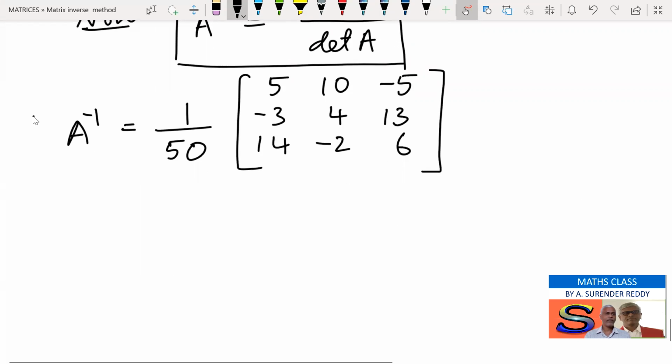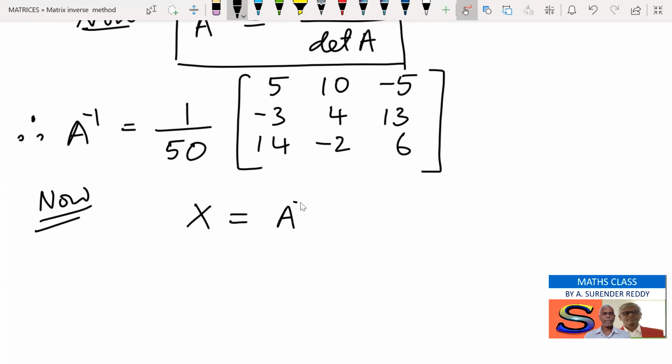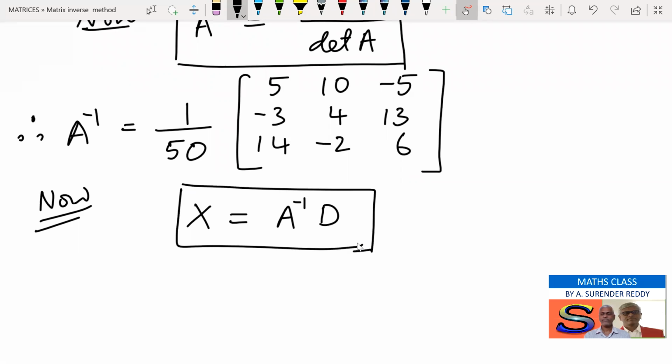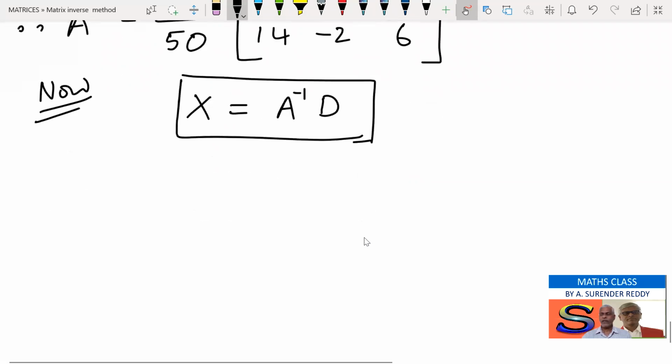So after finding the inverse, now we have to calculate the solution. So that is X is equal to A inverse D. This is the solution. Now we have to multiply A inverse with D to get the solution.